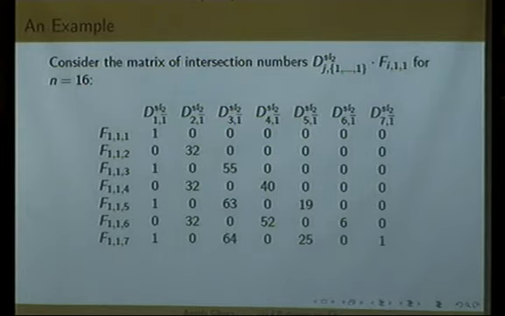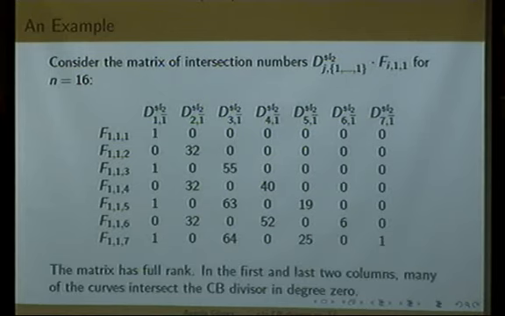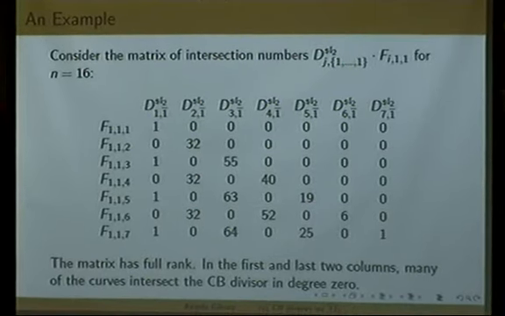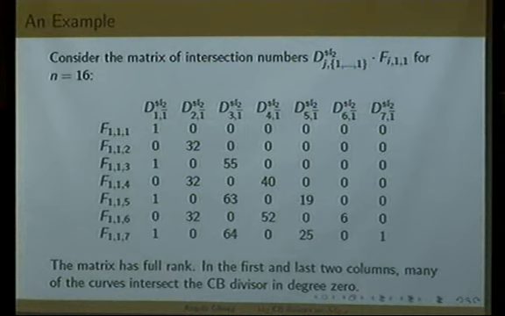So you can see that this has full rank. And also, you can see in the first 2 columns and the last 2 columns, a lot of curves are getting killed. It turns out that these are the divisors that are extremal in the nef cone.